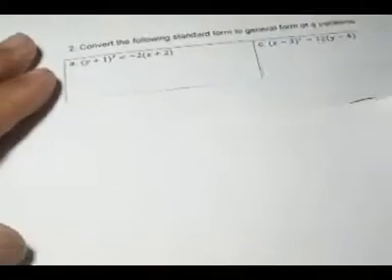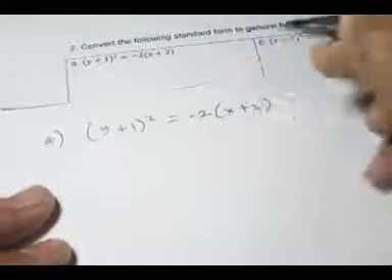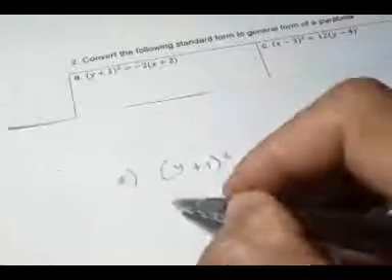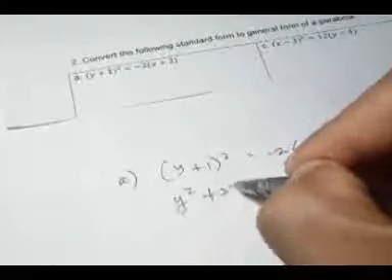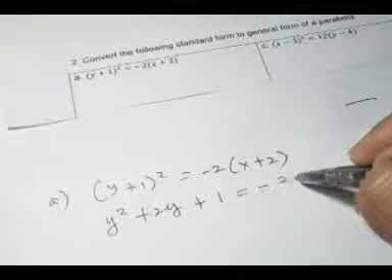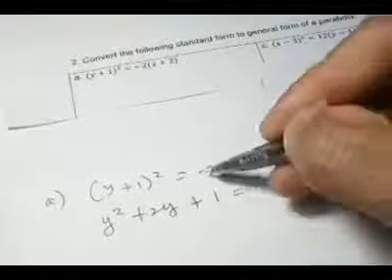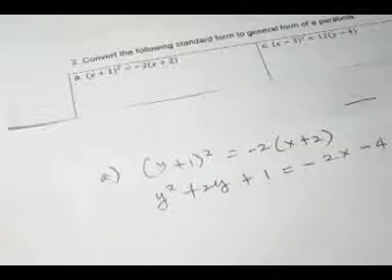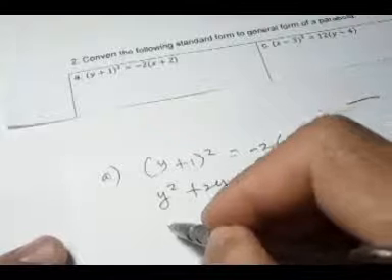Okay, so letter A, y plus 1 square equals negative 2x times x plus 2. Let's simply expand the binomial. So y square plus 2y plus 1 equals negative 2x minus 4. Distribute the negative 2. Then transfer to the left side.